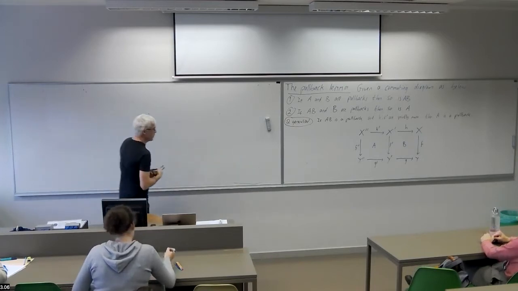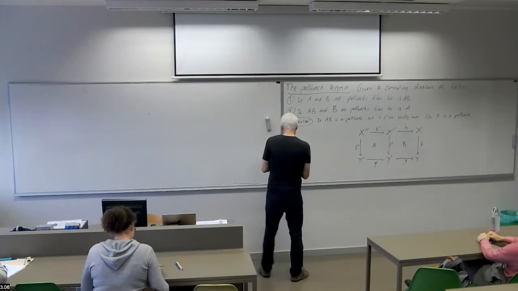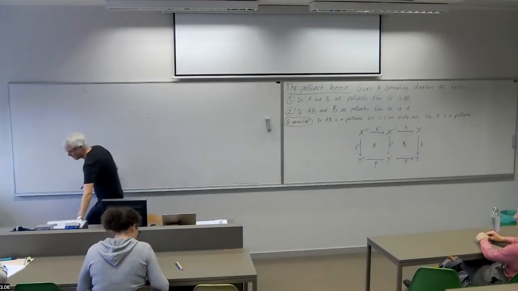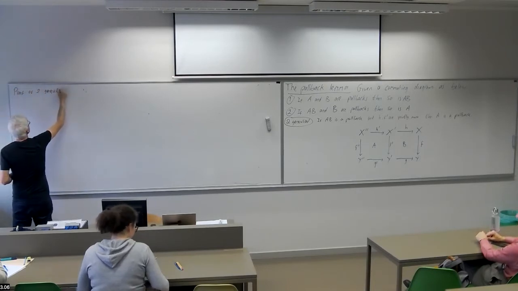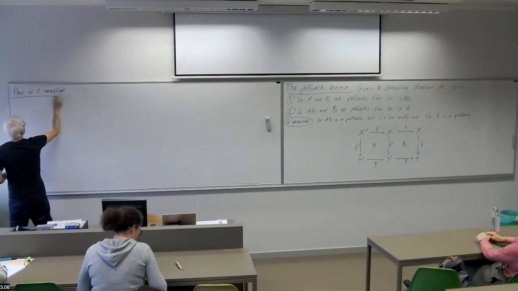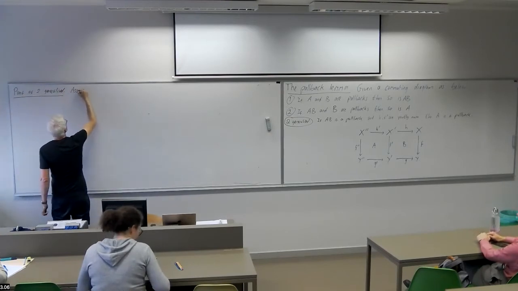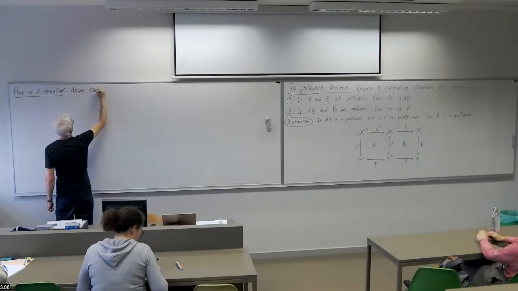Right, so we want to prove, so proof of 2 generalized. So we assume AB is a pullback.